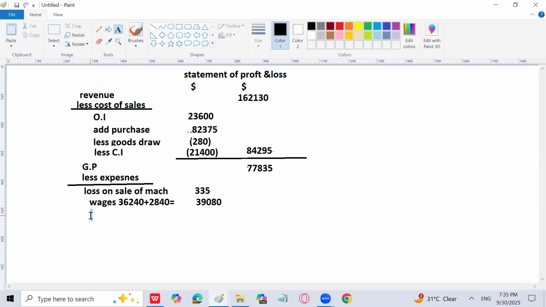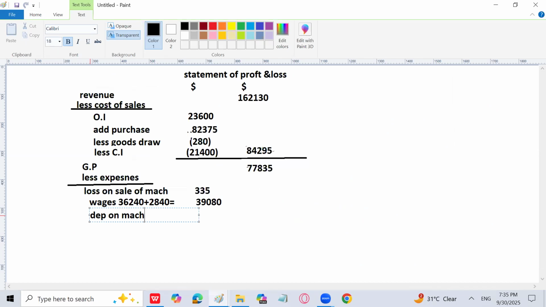Now I'm going to write the depreciation on machinery, which we have calculated by preparing the machinery account.